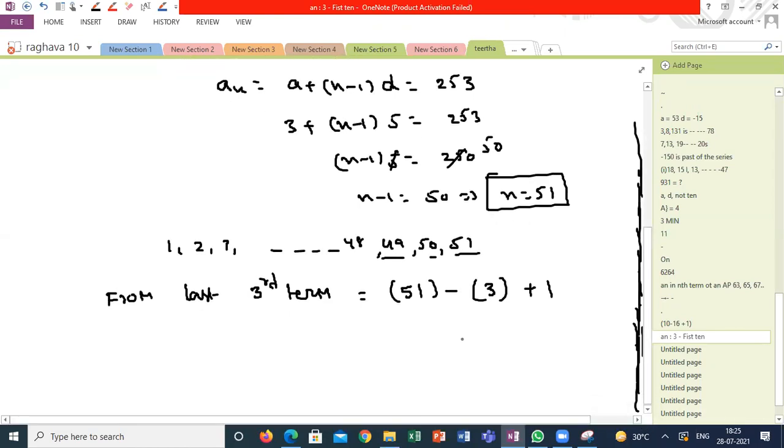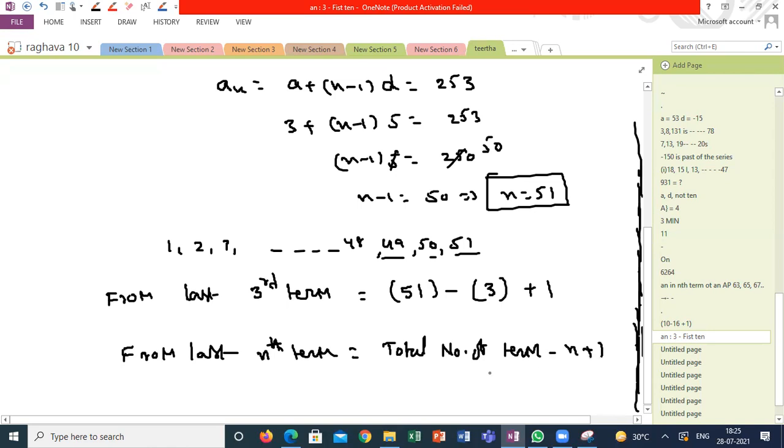Students, is it clear? I can write like this: in a series, the position of the from the last nth term is total number of terms minus n plus 1.